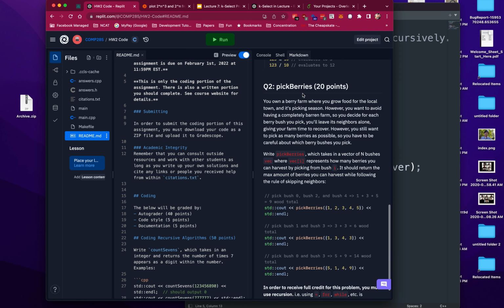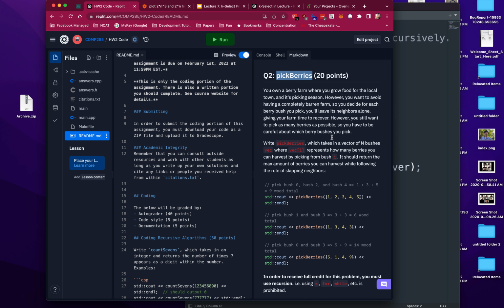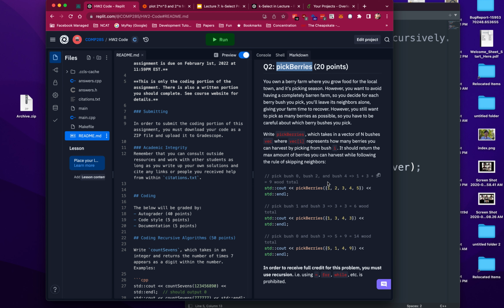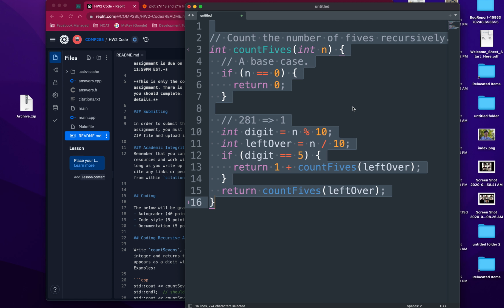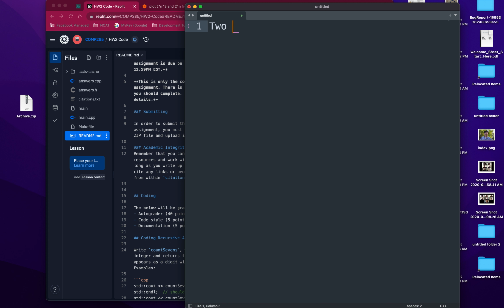Now, the next problem is one asking you about picking berries. Something to keep in mind here is that you essentially have two decisions to make. Let's write the pseudocode for this.